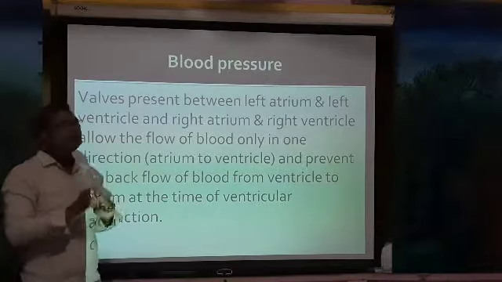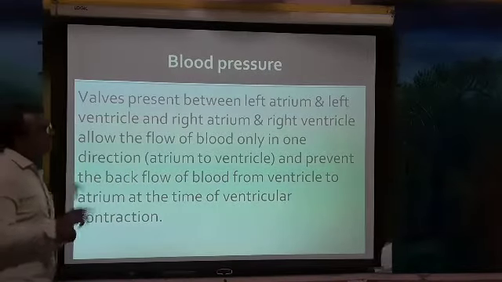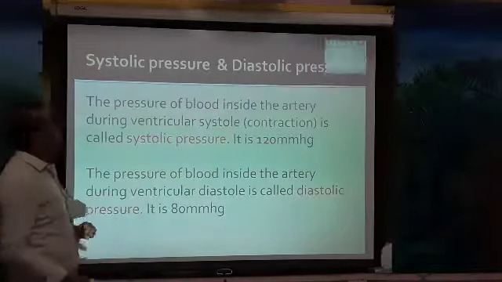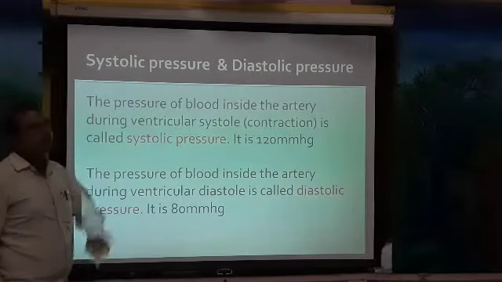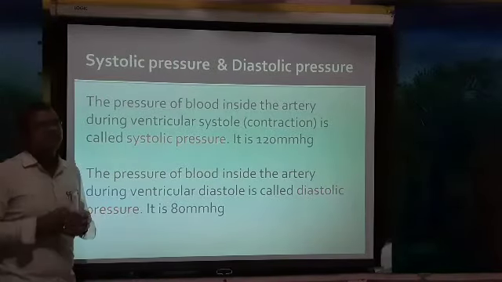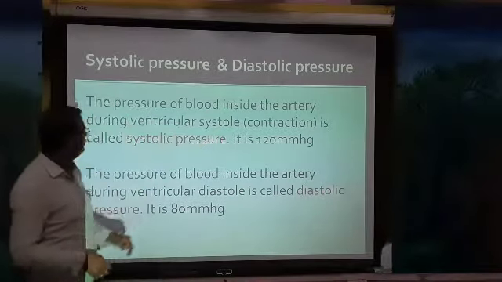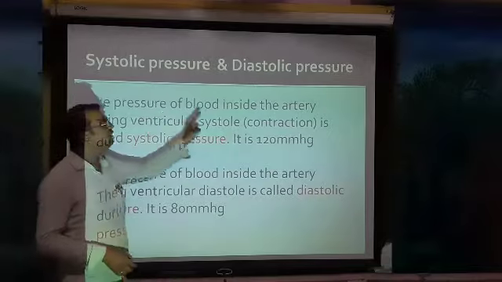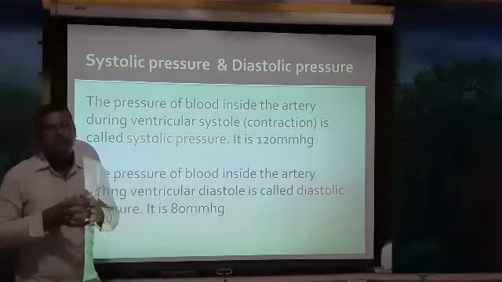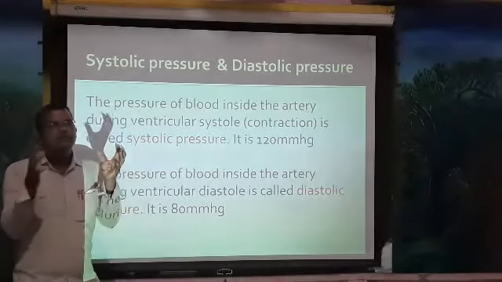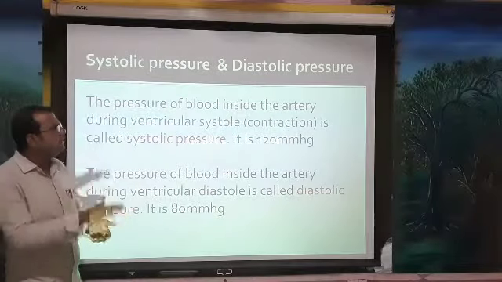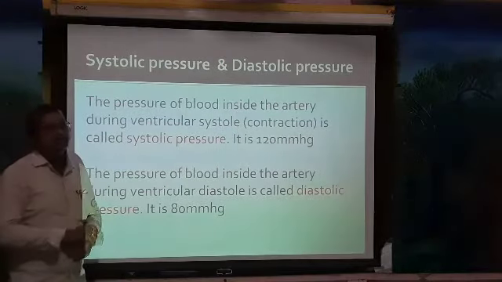There are two kinds of pressure we will see: systolic blood pressure and diastolic blood pressure. What is systolic blood pressure? It is the pressure of the blood inside the artery during ventricular systole. Systole means contraction. When the ventricles contract, it creates a pressure in the arteries.